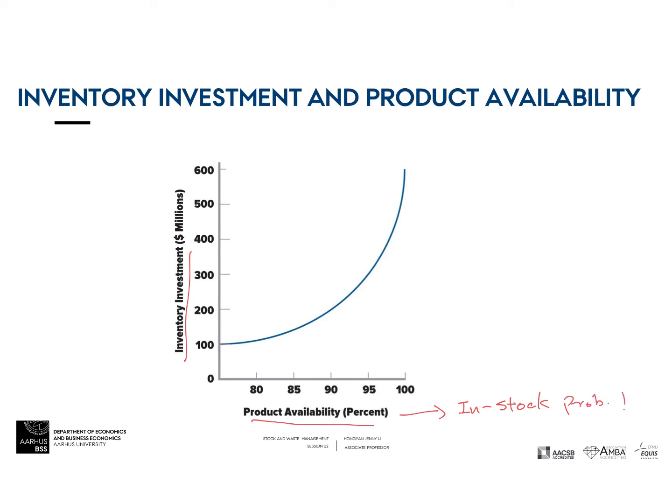We're talking about if one customer wants to buy this item, the probability this item will be in stock is 95%. Then your corresponding inventory investment is approximately 300 million, if we say so.